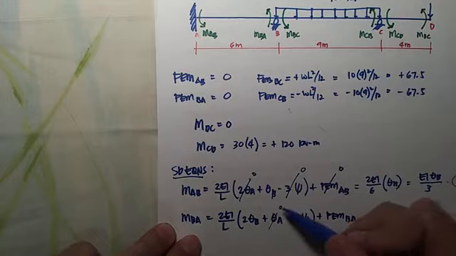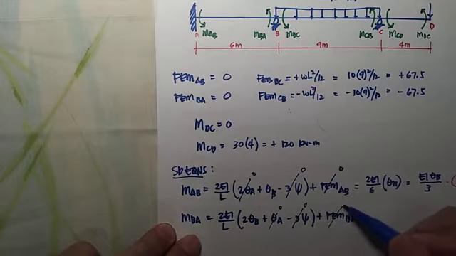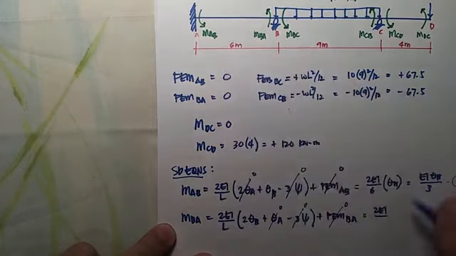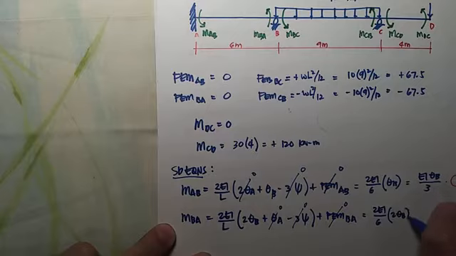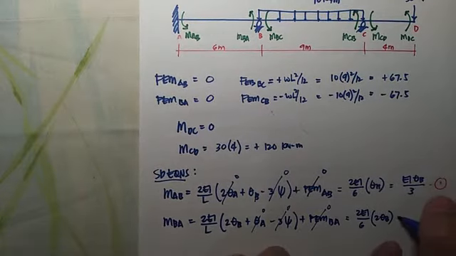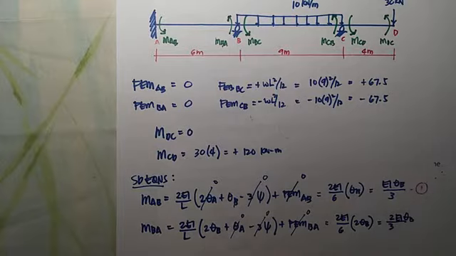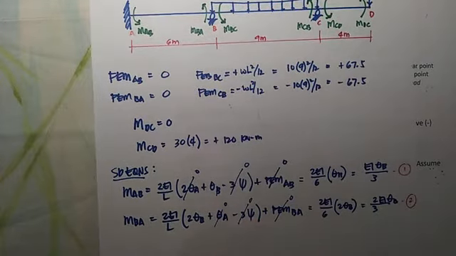Again, theta A is 0, delta is 0, and FEM BA is 0. So what is left is 2EI over L, where L is 6 meters, times twice theta B. Simplifying, this becomes 4 over 6, or 2/3 of EI theta B. So that is our second equation.